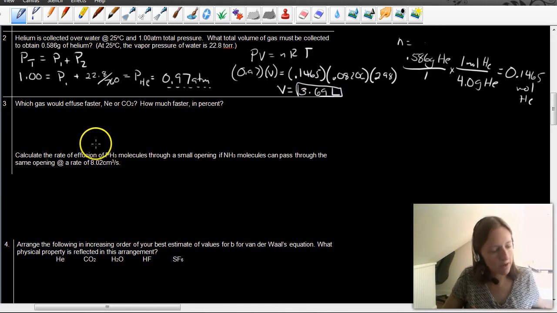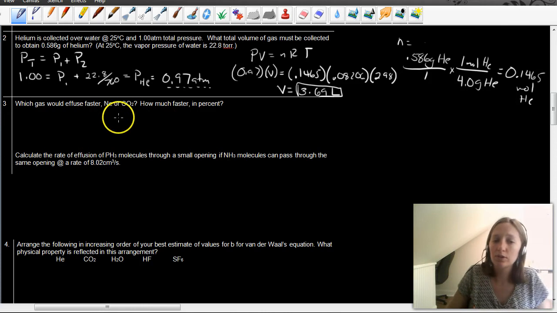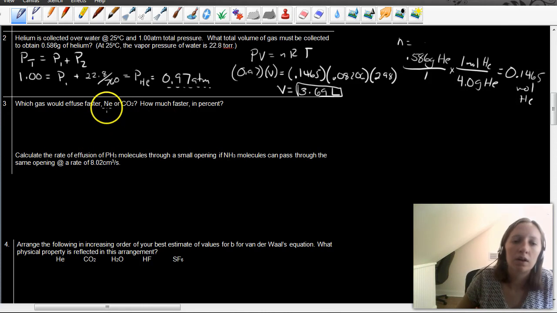All right, 3. Which gas would effuse faster, neon or carbon dioxide? How much faster in percent? And the thing that you have to remember is the reason that gases effuse faster is because they are small. So you need to consider how big these guys are.